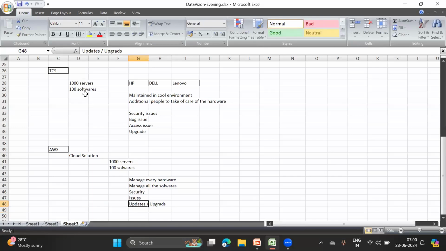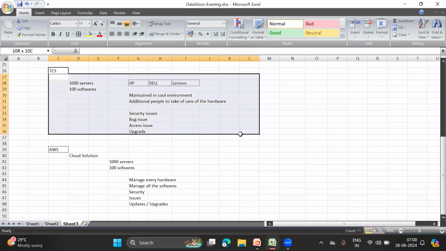So now this is where AWS was the very first company to introduce the cloud concepts. The cloud concept says that you are not managing or maintaining everything, whereas someone else is doing it for you. So now TCS does not have to worry about anything.